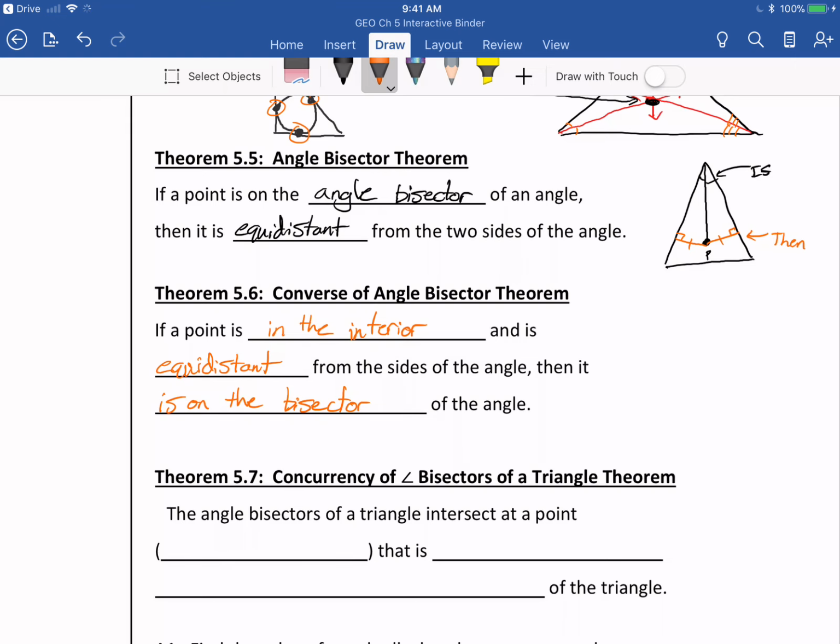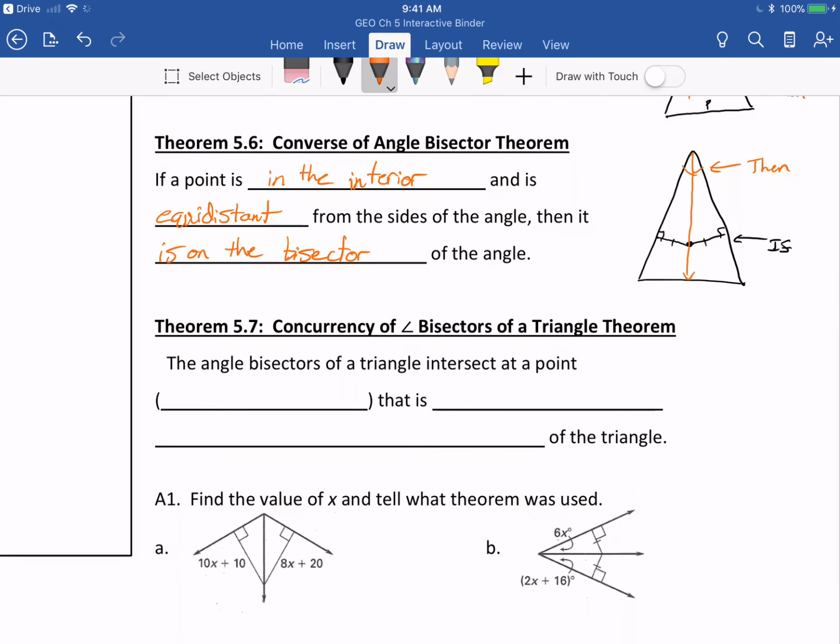If we draw kind of the same triangle here, it's the same deal but just backwards. So if we have some point P in the middle here that is equidistant from these sides, so this side is congruent to this side, so this is the if part. It switches around. Then that means this point right here is on that angle bisector. So this is the then part. It's the converse. It switches it around.